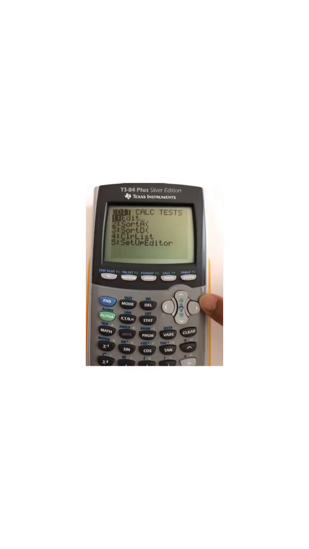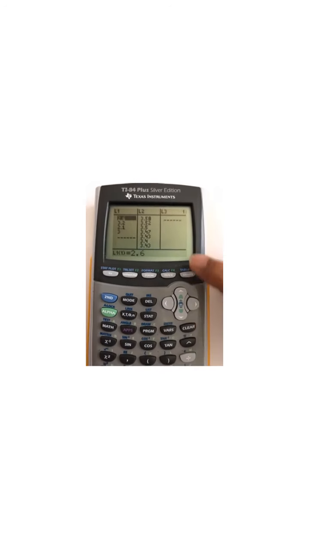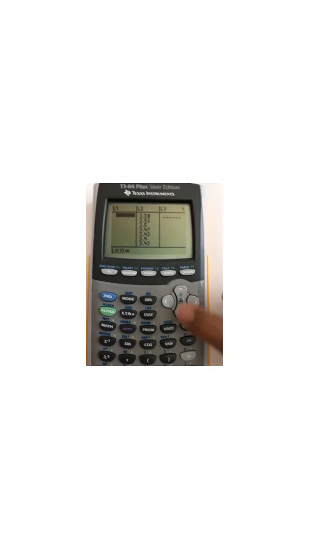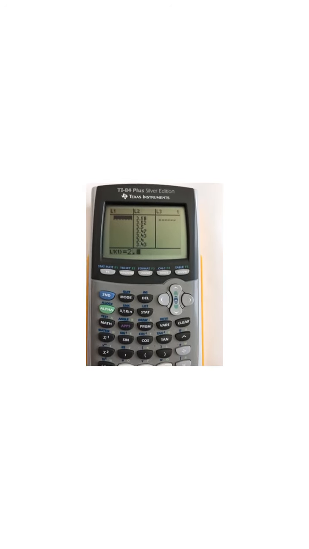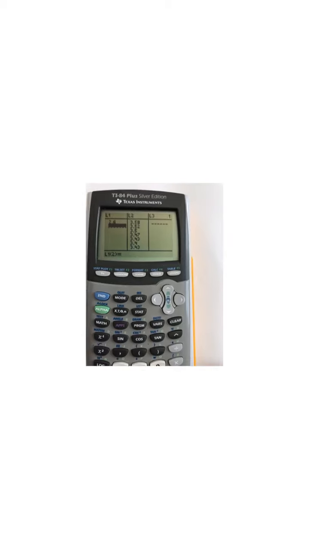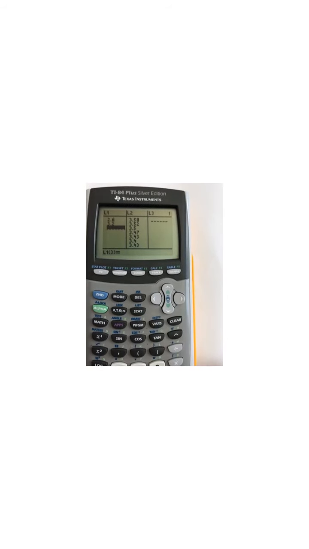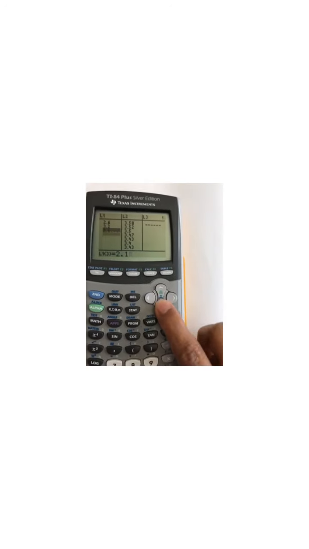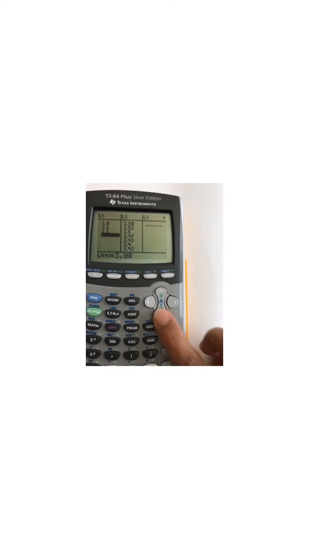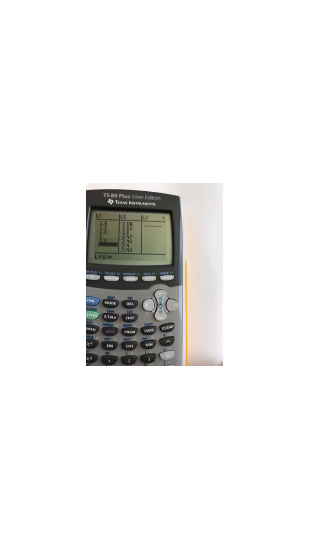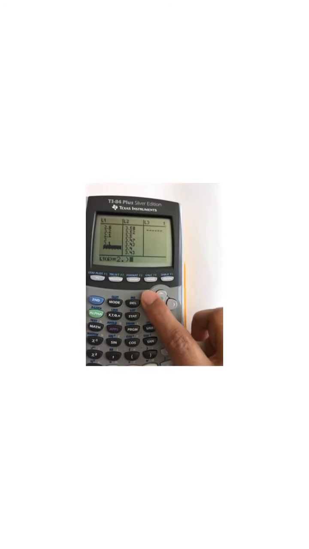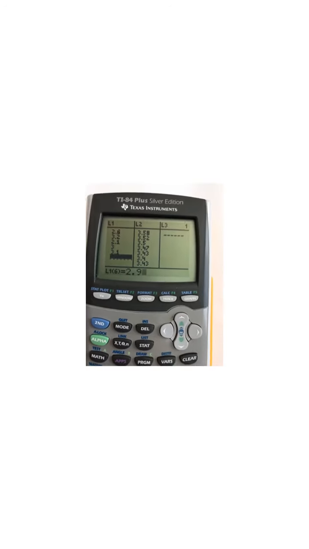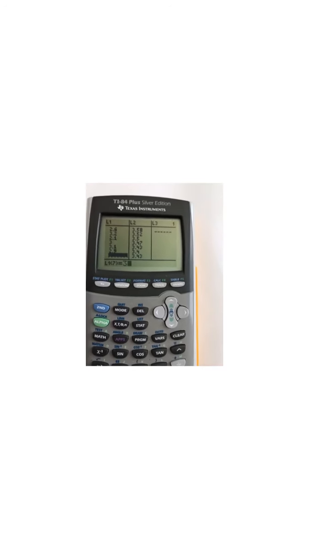Okay. Press Stat, edit. I already have some data, so I'm going to highlight that, clear, enter, then enter the data. 2.6, 3.2, 2.1, 3, 3.1, 2.9, and 3.7.